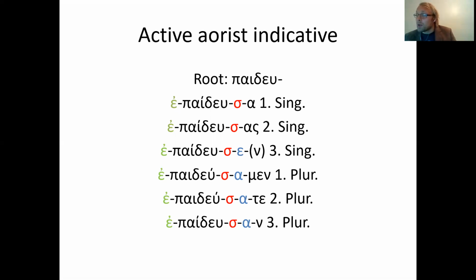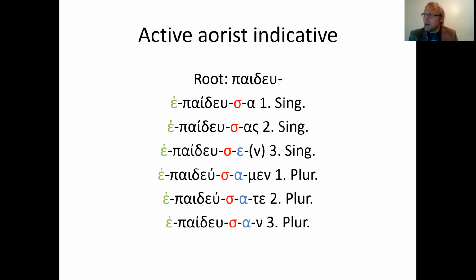Note here the presence of the augment and sigma infix in all forms, as well as the fact that there is a thematic vowel in the form of an alpha present between the stem and the ending in most of these forms.